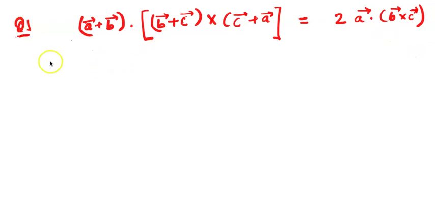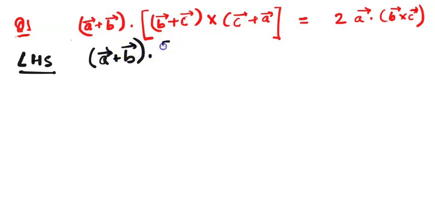So let's take the LHS. We say a plus b dot, and we can multiply. You can solve the dot product by individually doing the cross product with the two entities.